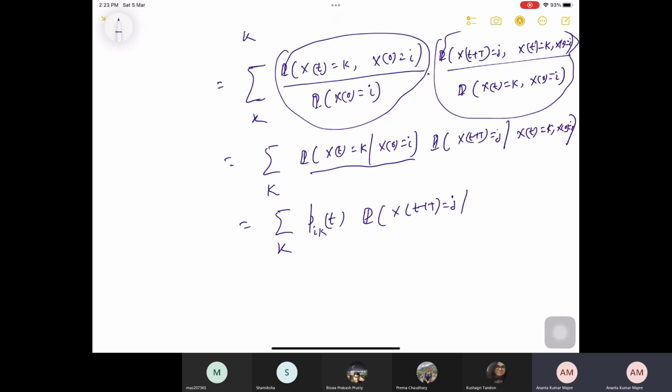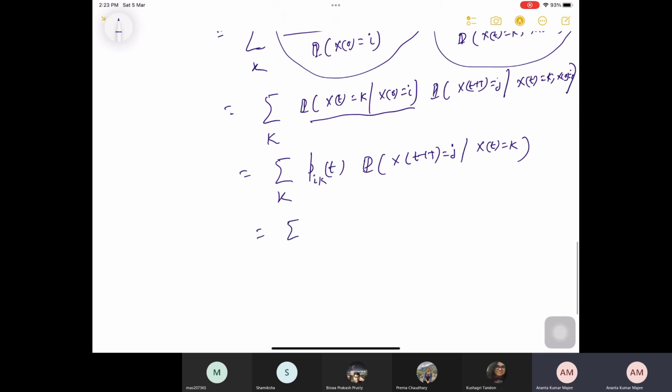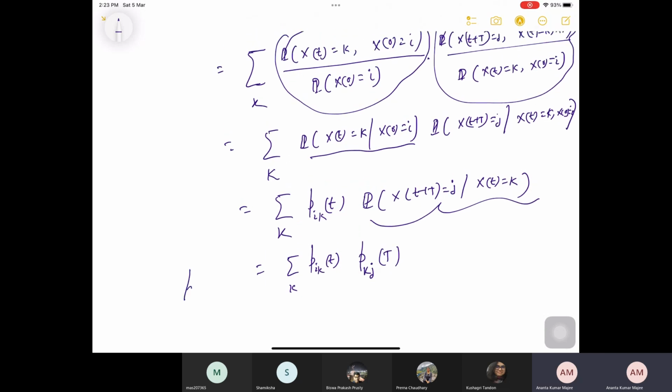So this is the sum over k of p_ik(t) times that. Now the chain is a homogeneous continuous time Markov chain, so this is the same as the probability from k to j in time T, because of the homogeneity. So what I have here is p_ij(t+T).